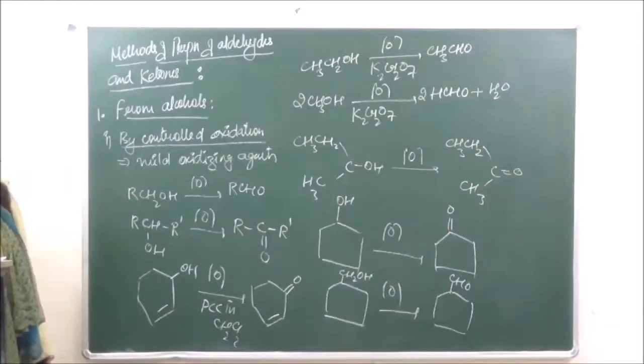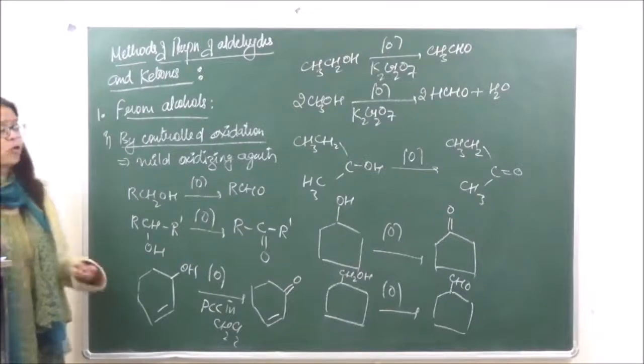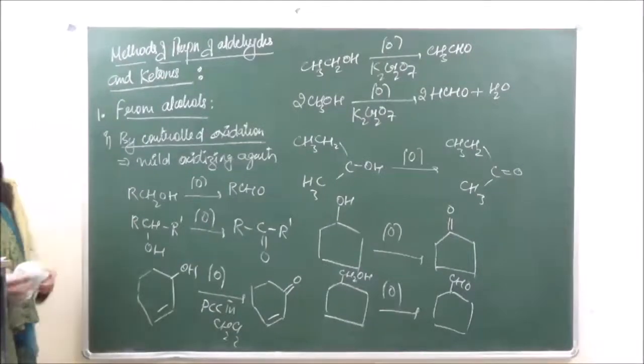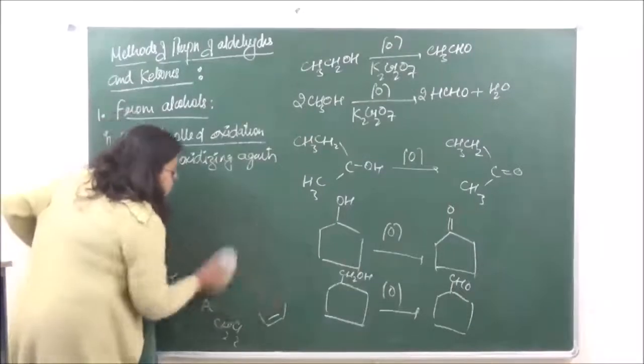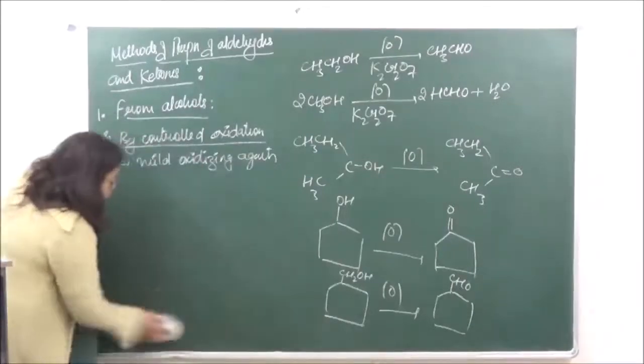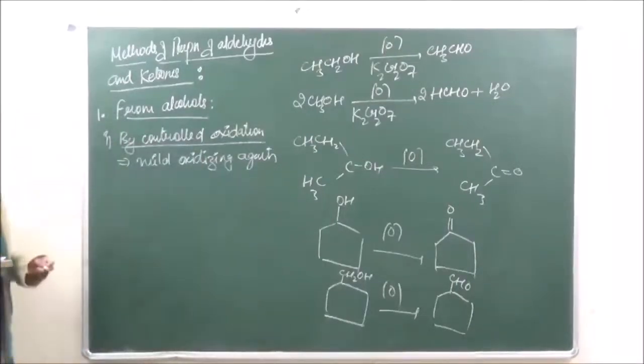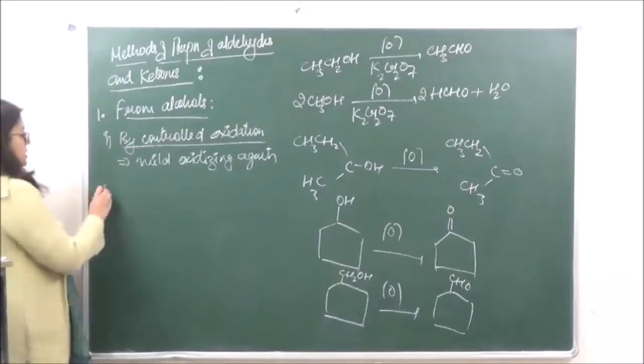Okay, so let's go on to the second method of preparation. The first one which we've done over here is from controlled oxidation. The second is catalytic dehydrogenation. We've already done this reaction in our previous chapter.